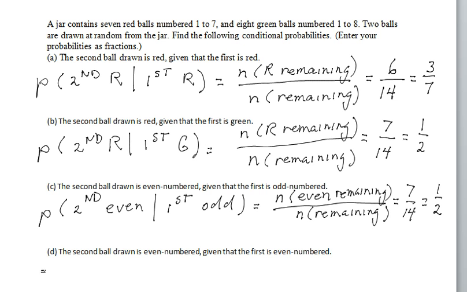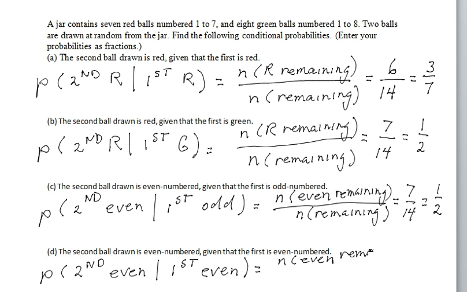And lastly, the probability that the second is even, given that the first is even. This would be the number of even remaining divided by the total number remaining.